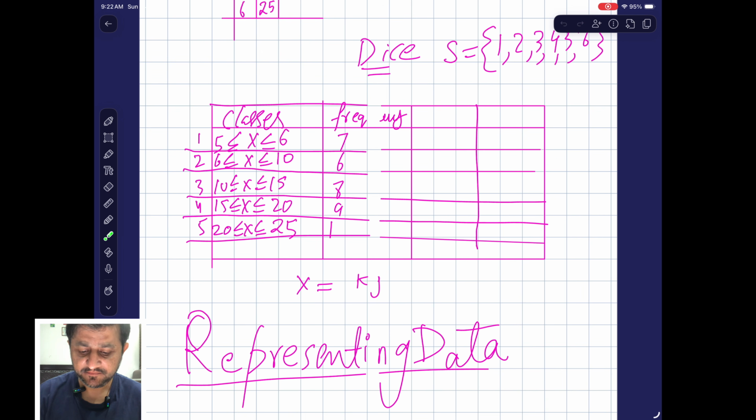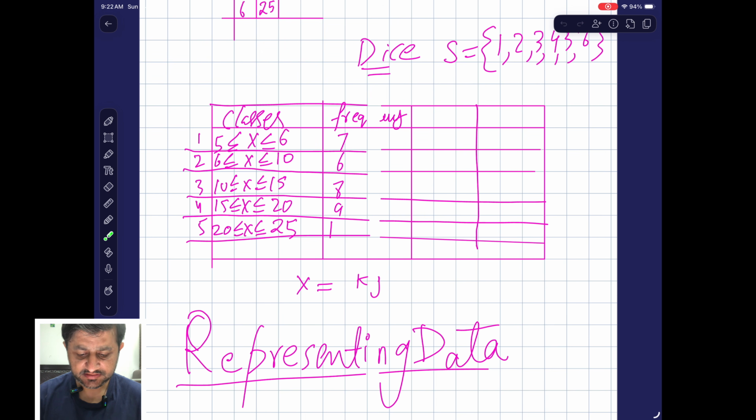Then we have the pie chart, which we work on in a circle, then histograms, then scatter diagrams. This is very important for future business purposes. We organize data, we analyze, we check the positive and negative correlation between the quantities, and we can decide how to run our business.